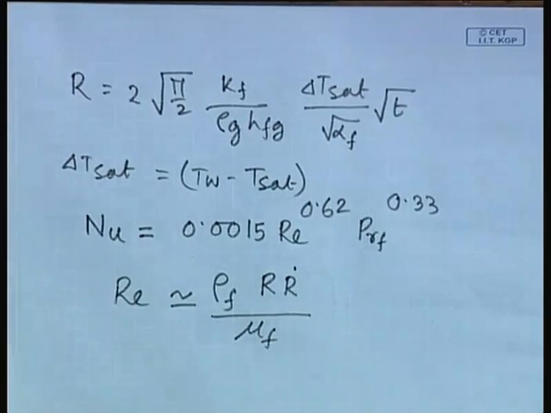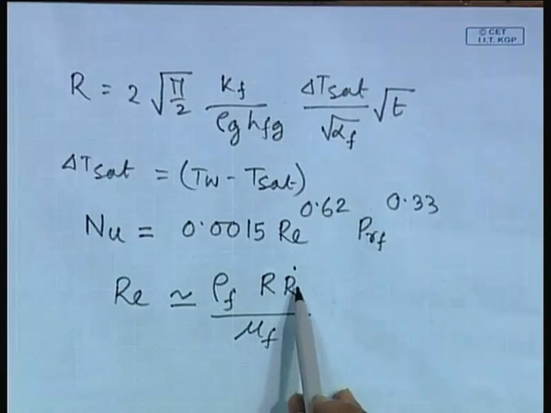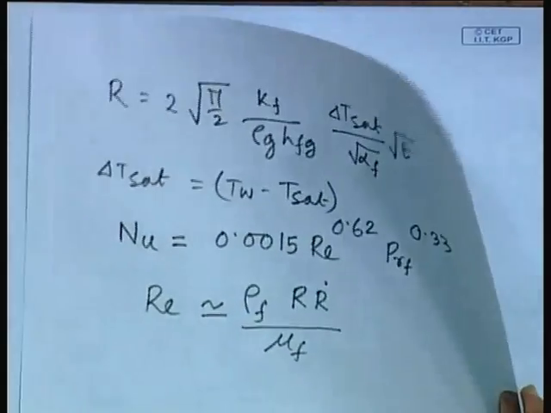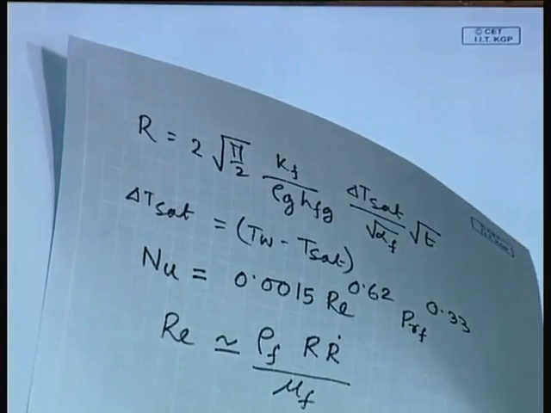So, what I have taken here, I have taken for the velocity dr dt, I have taken that scale wise the velocity scale is proportional to dr dt, that is what I have assumed, and the length scale I have taken as the radius of the bubble. All right. So, Reynolds number can be estimated by this particular formula.